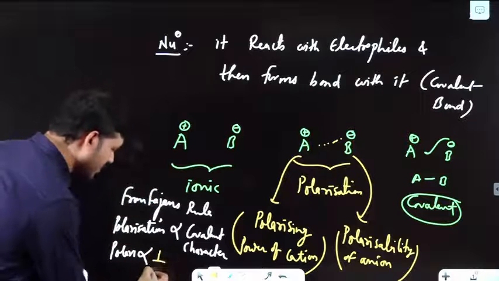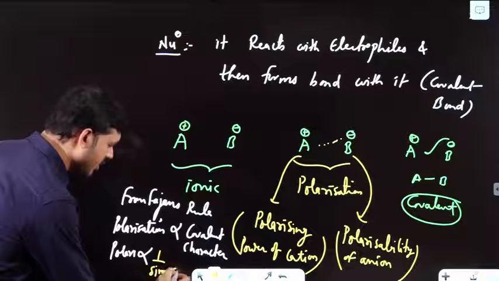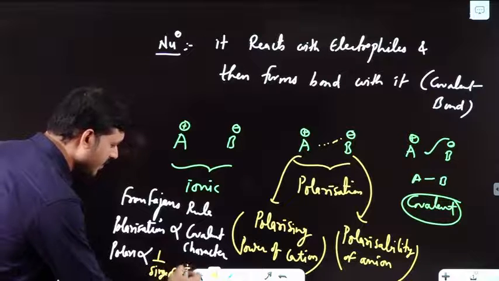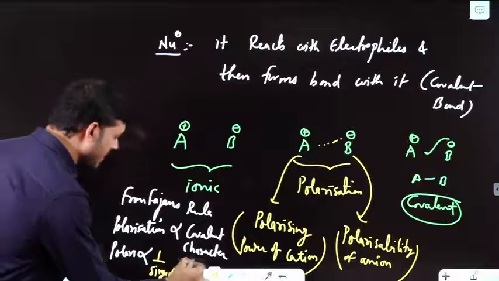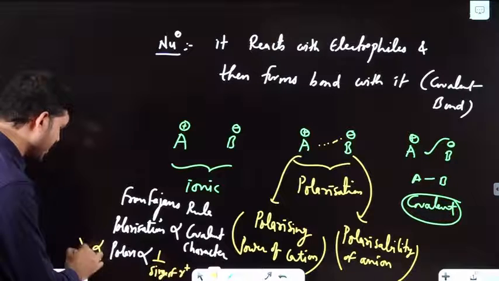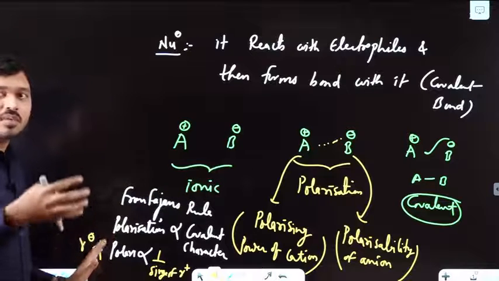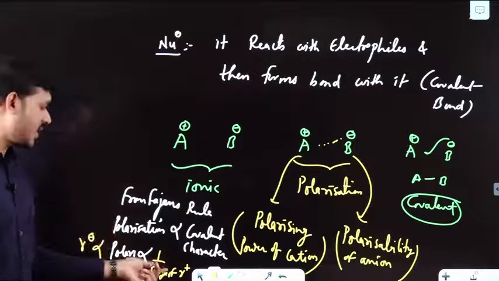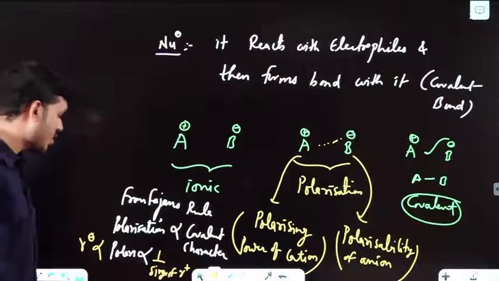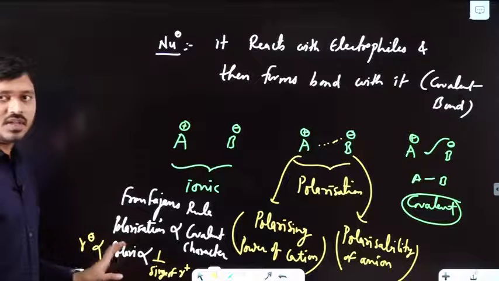So it is inversely proportional to size of cation, R plus, and directly proportional to R minus. Size of anion is more, polarization more. Size of cation is less, polarization more. Clear? So this is the effect.